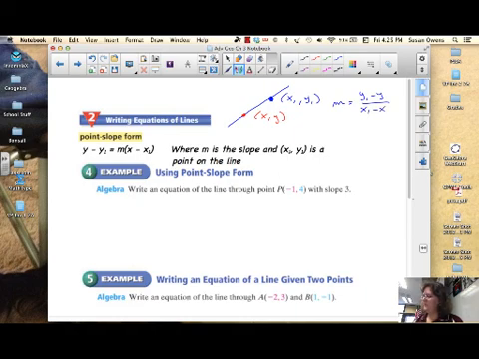Okay? And then if I wanted to solve it for y1 minus y, I could multiply both sides by x1 minus x. And what I would end up getting is m times x1 minus x equals y1 minus y.